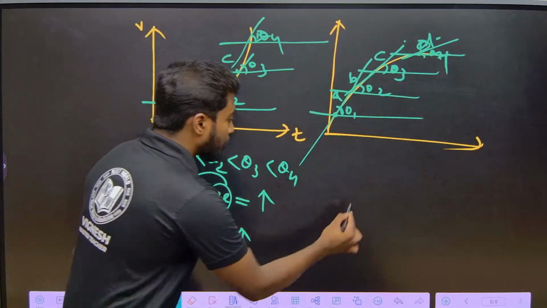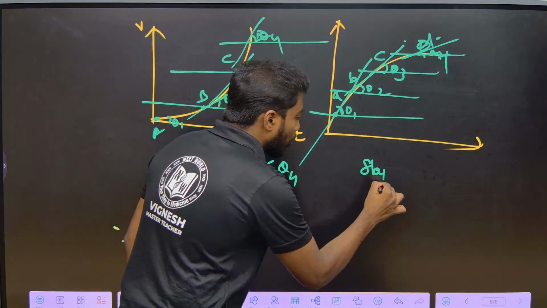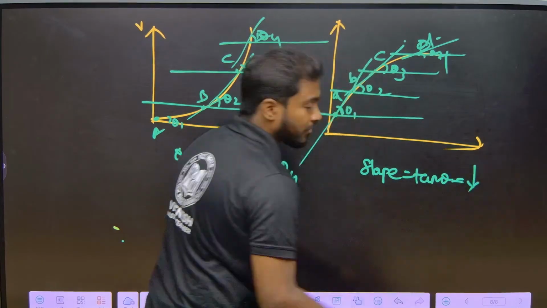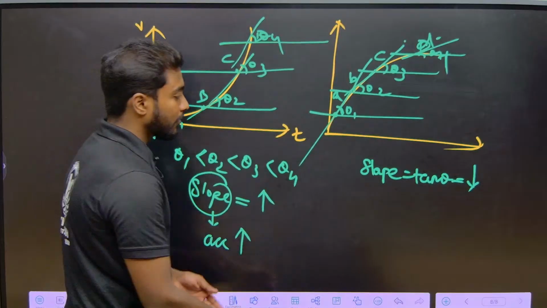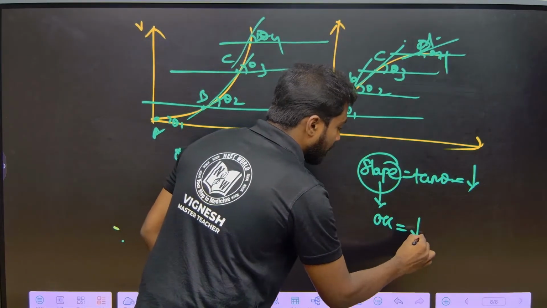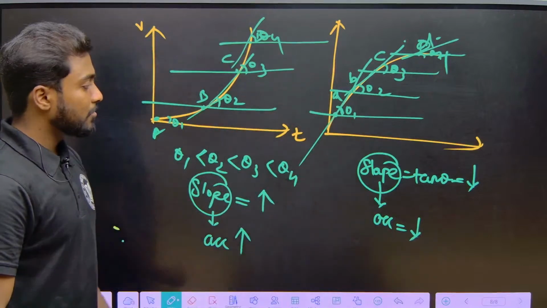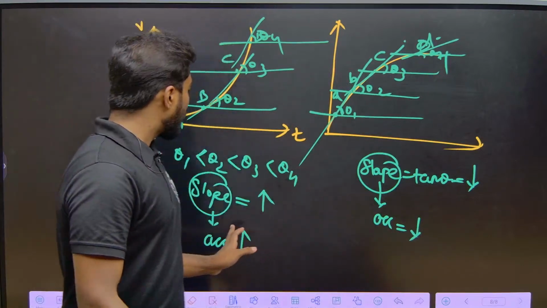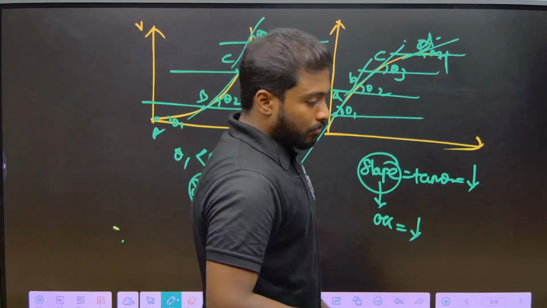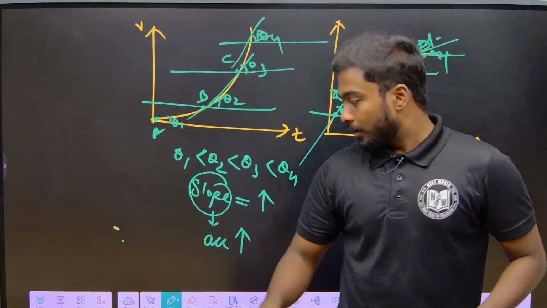If the slope, that is tan theta, decreases, and theta decreases, what does it mean? Acceleration decreases, acceleration also decreases. So this is about the slope of v-t graphs, right? Now comes the area under the graph. You can take note of this.